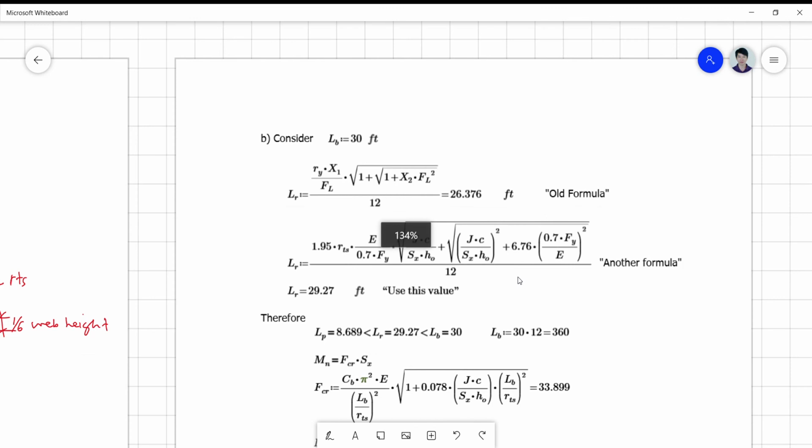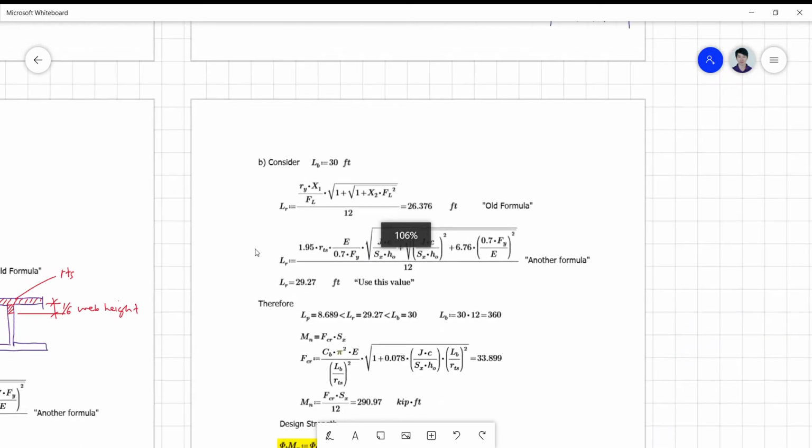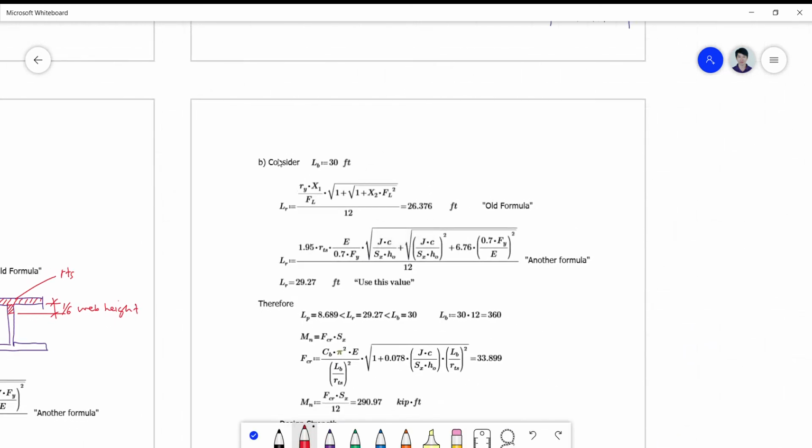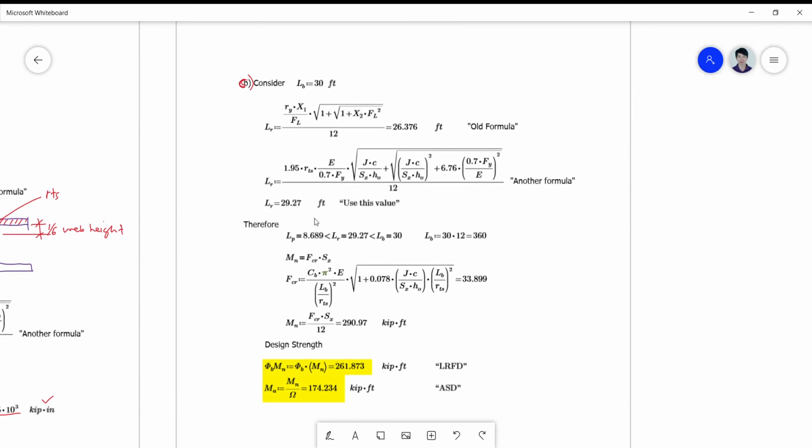Okay, for the third condition in the problem, we consider LB is 30 feet, so we're increasing now the end brace length. Therefore, the lateral torsional buckling behavior is now becoming more critical. And using again the same formula for LR, as we have compared a while ago on the B requirement, so this is now your C requirement, letter C. Again, we use the value of 29.27 feet.